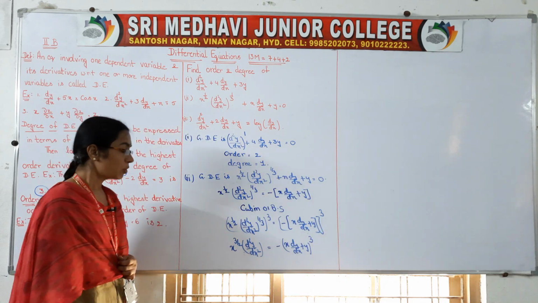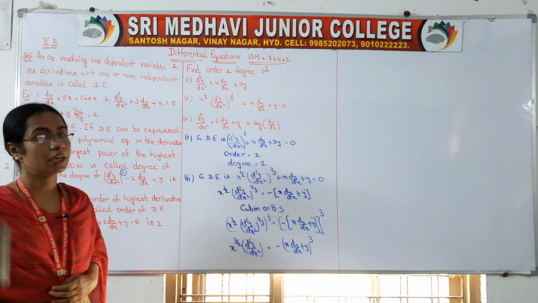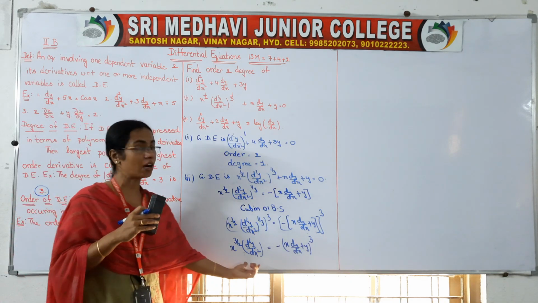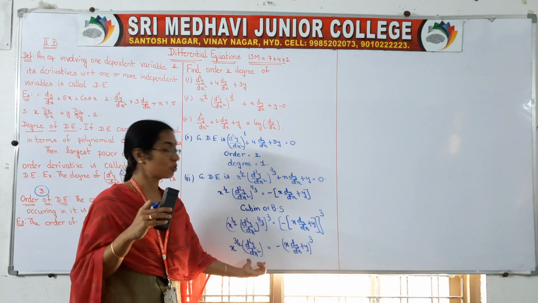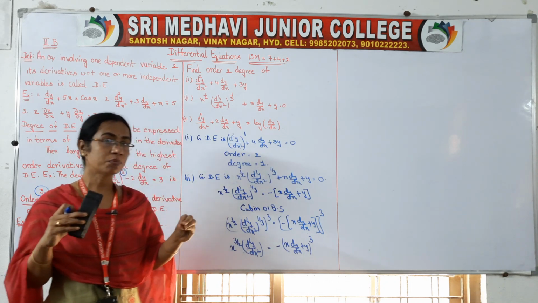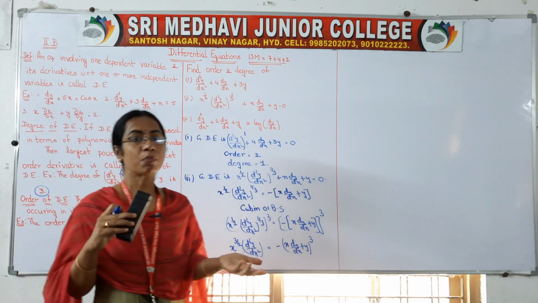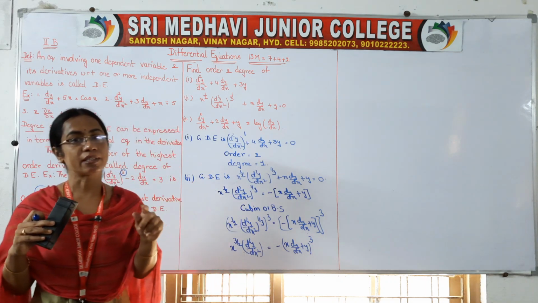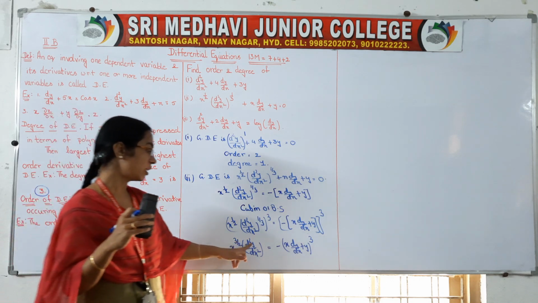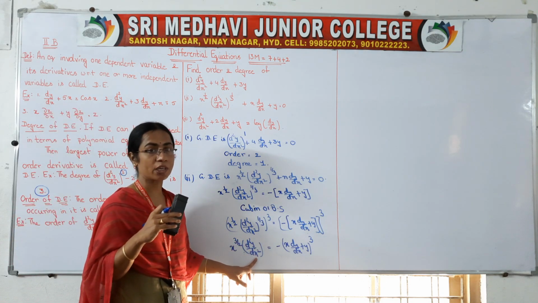Now to know the order and the degree, we want the highest order term, right? So this is your highest order term. Highest order term means the maximum number of times that y is differentiated. Here your y is differentiated 2 times.